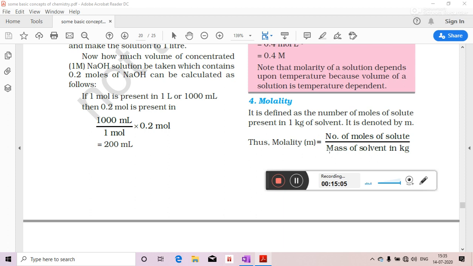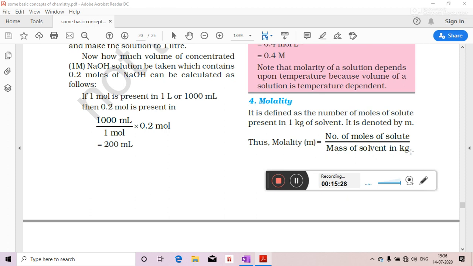In case of molality, that is small m, in the denominator instead of volume you have to take mass, instead of solution you have to take solvent, and instead of liter you have to take kilogram. So these 3 changes we have to do. So molality equal to number of moles of solute upon mass of solvent in kilogram.